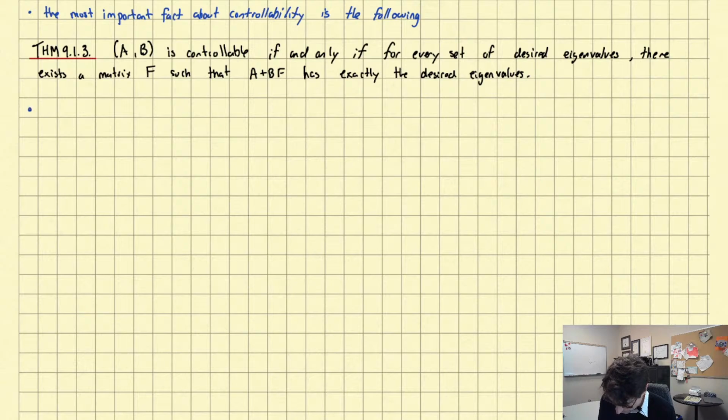So this result implies that A, B controllable means that we can solve the stabilization problem.